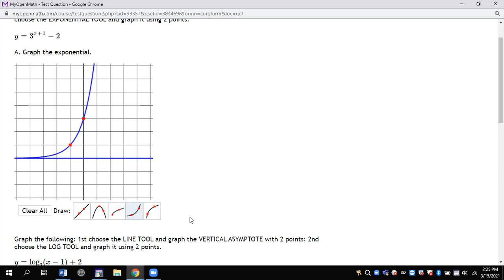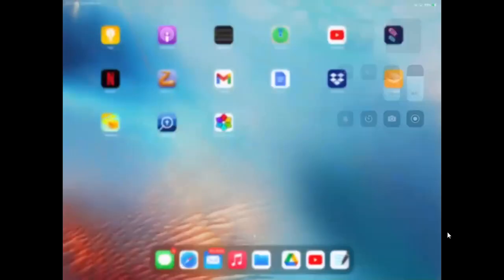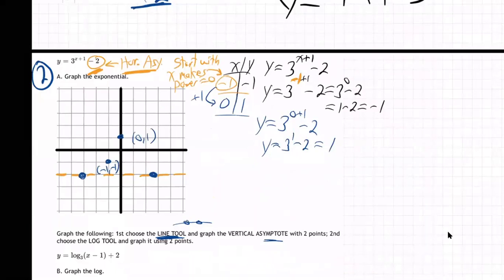So there we go. So let's go back to the iPad now. Okay, and so it makes the graph automatically for you right through those points. The exponential graphs always flatten on one side and explode upwards on the other.